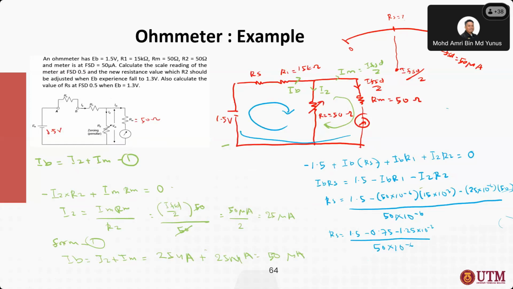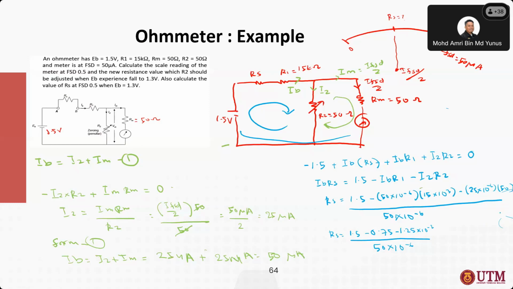But let's put it into the calculation. Right. 0.05 minus 1.25 50 divided by 50 exponent -6.